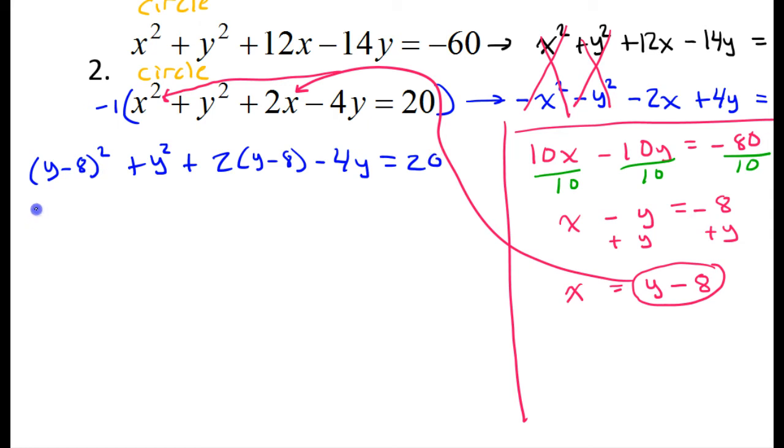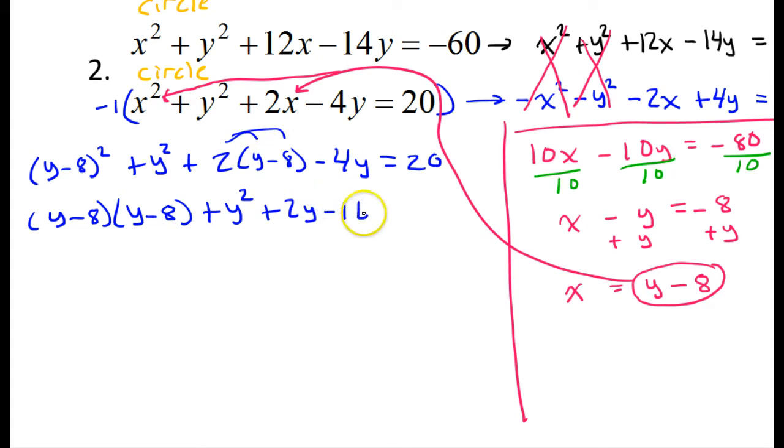Now y minus 8 squared is y minus 8 times y minus 8. And then I've got the plus y squared. Let's distribute this. So that'll be plus 2y minus 16 minus 4y is equal to 20.